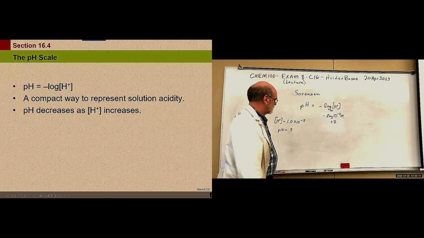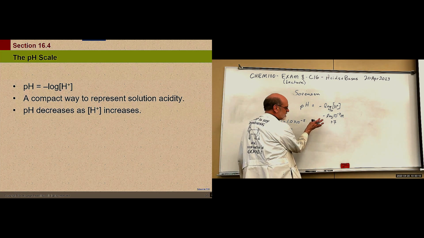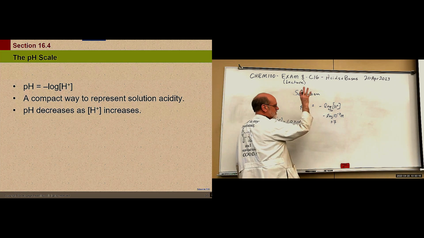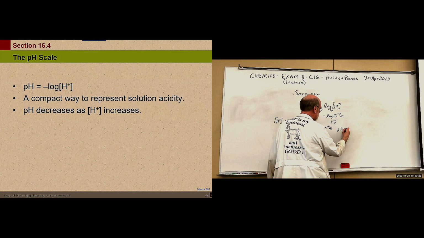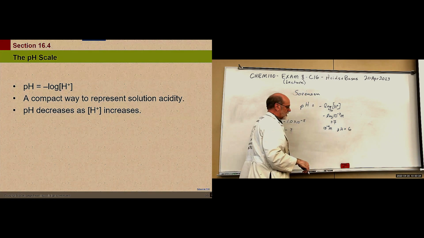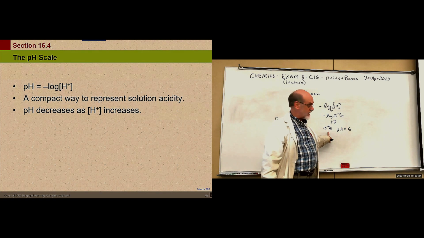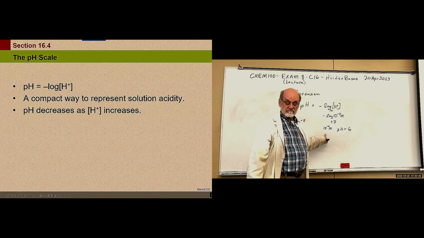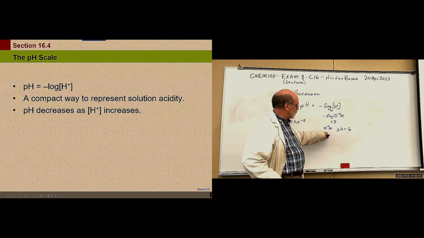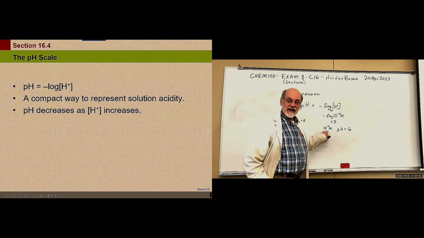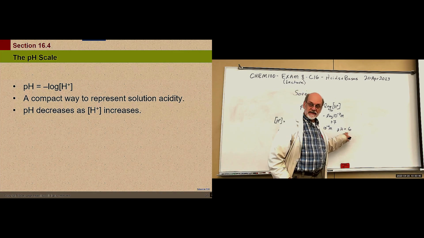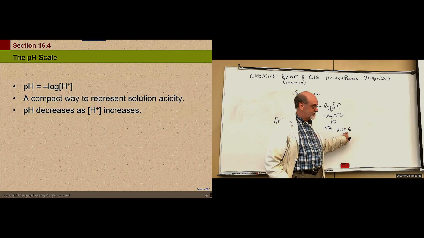Now notice that as the concentration increases, if we go from 10 to the minus 6 molar, then the pH is equal to 6. This is more hydrogen ions than that one is, right? So as we increase the molarity of hydrogen ions, increase the acidity, the pH decreases, right?